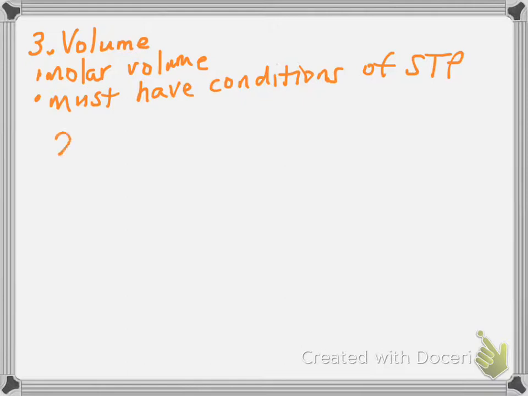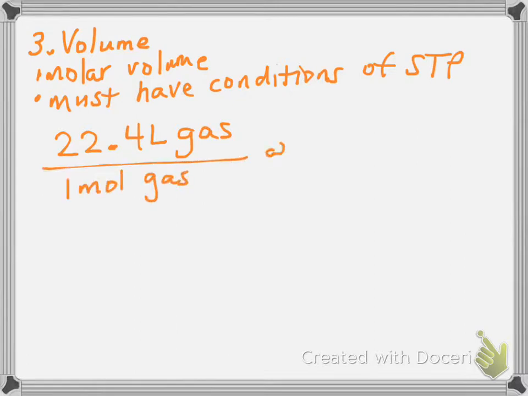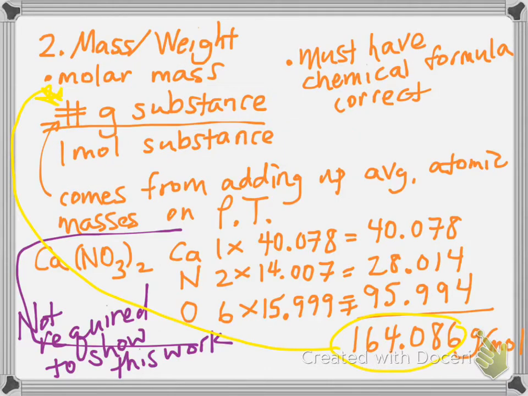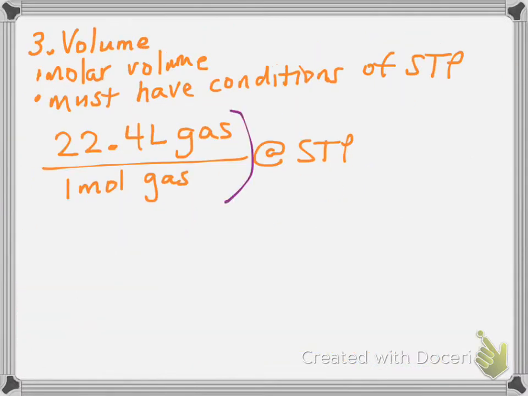Our tool for this one is 22.4 liters of gas over 1 mole of gas. When you wrote it on your chemistry toolkit, you probably wrote at STP with it so you would remember. Again, remember the power of molar mass is that I can flip these units depending upon where I need them to be, and the same thing is true here. So that is your conversion factor review.